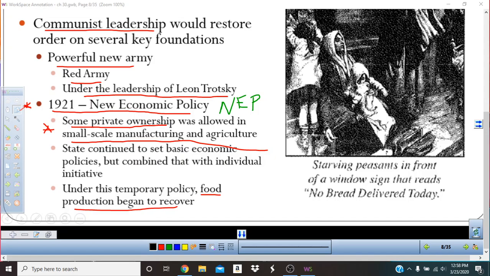But anyway, you also could see it referred to as the NEP. What it allowed was private ownership of manufacturing and agriculture. So you as an individual can go own your own factory or go own your own farm. And guess what? Production started to increase. Amazing.